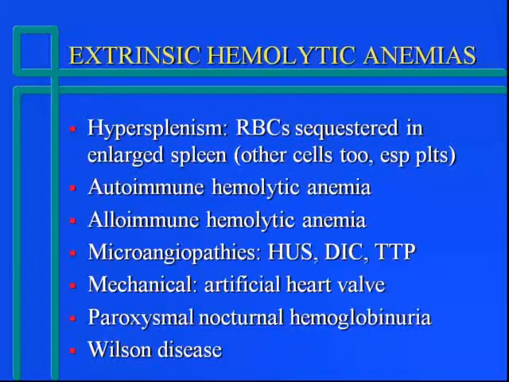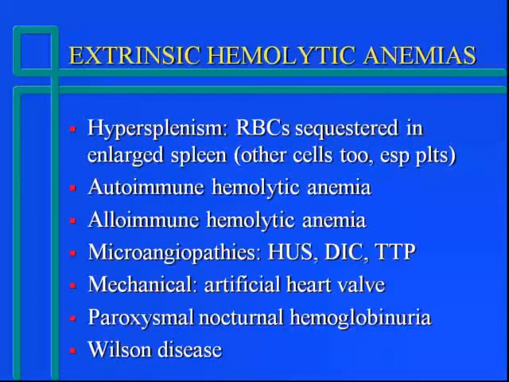Now we will move on to discuss the extrinsic hemolytic anemias. So these are anemias that are not from an actual red blood cell defect, but something that's extrinsic to the red blood cell. Hypersplenism is one form of this, where an enlarged spleen leads to sequestration of the red blood cells, and this can affect other cell lines as well, most notably the platelets.